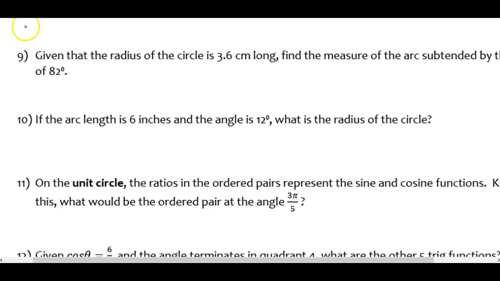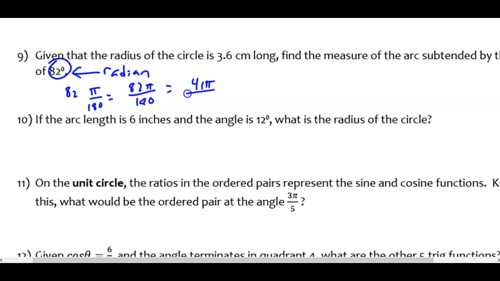So, first of all, we've got to find the radian of this degree. We take 82 and multiply by pi over 180, and doing so, we get 82 pi over 180, which reduces to 41 pi over 90 radians.